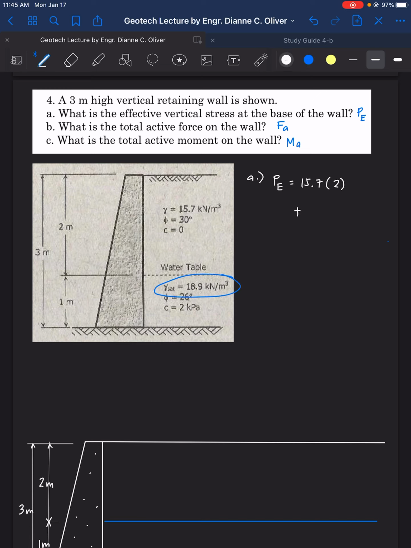Since we are computing for P effective, therefore, we deduct water from the gamma sat, 9.81, and then the height of that section. Therefore, P sub E is now equal to 40.49 kilopascal.